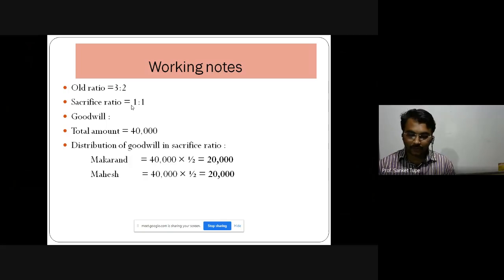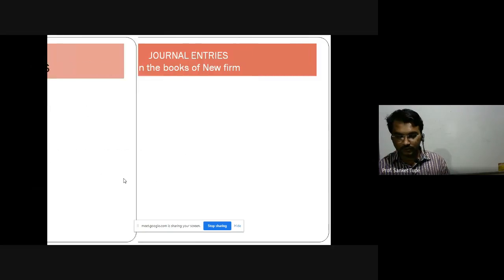So among the old partners, we will distribute rupees 40,000, which is brought by the incoming partner, Mangesh. Distribution of goodwill in the sacrifice ratio: Makarand is 40,000 multiplied by half, that is 20,000. And Mahesh is 40,000 into half, which is 20,000.